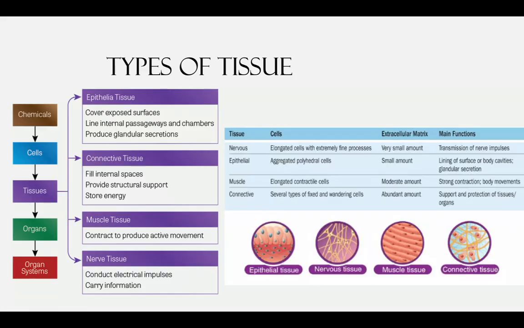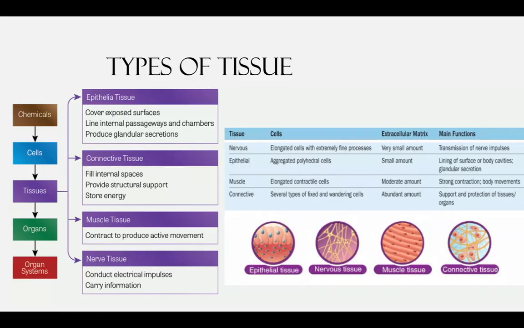All right. For right now, let's just look at the 4 main types and think about their function. Okay. Epithelial tissue. This is where we're going to start when we get into the specifics of these tissue types. Epithelial tissue is typically seen covering or lining the surfaces of the body. It's also going to line internal passageways and chambers. And it also produces glandular secretions.